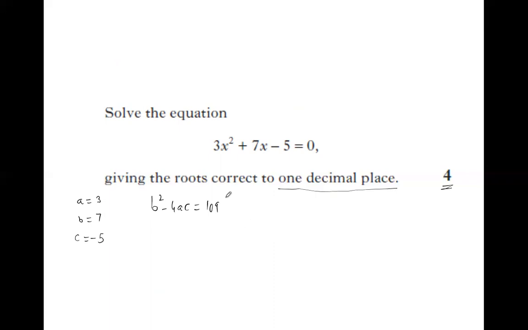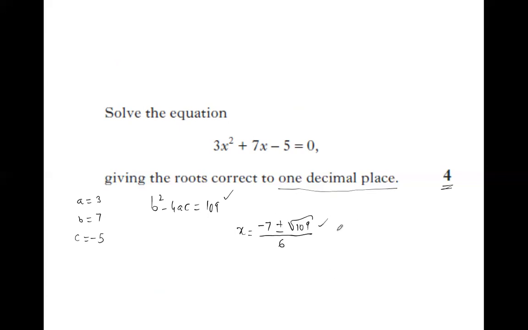So this is 1 mark. My answers are going to be x equals minus b, so minus 7, plus and minus root 109, divided by 2a, 6. Yes. That is another mark.